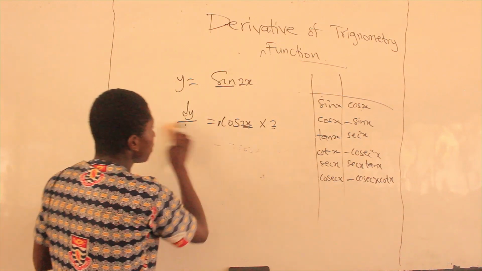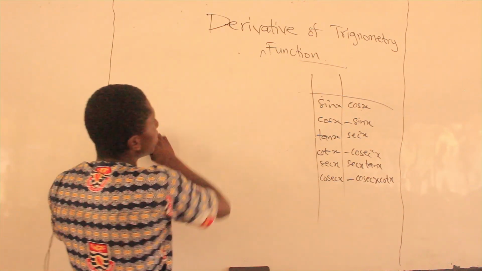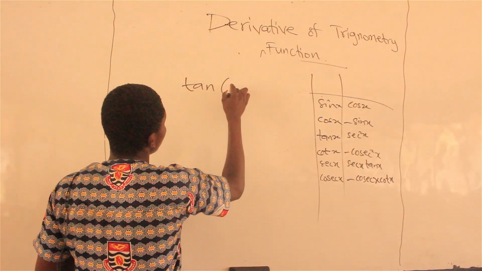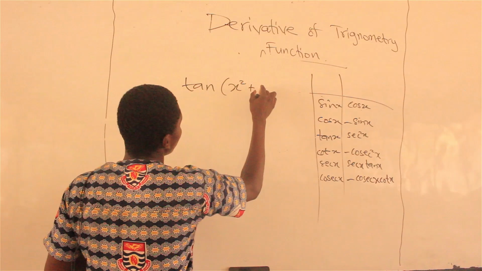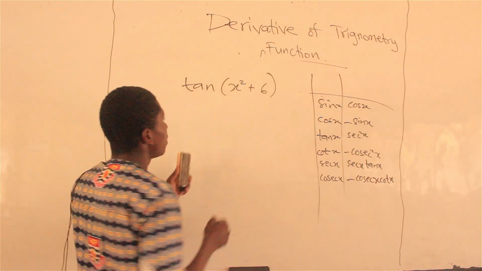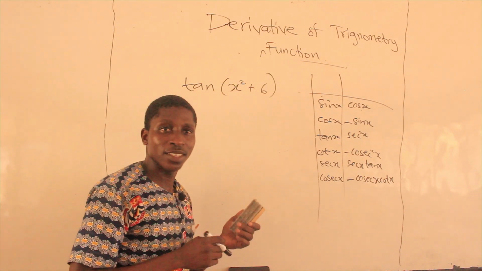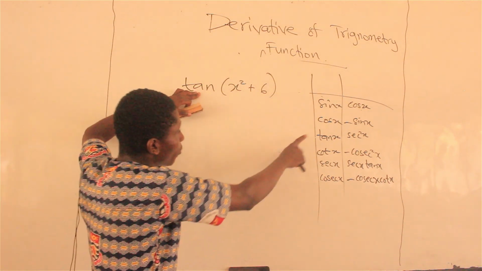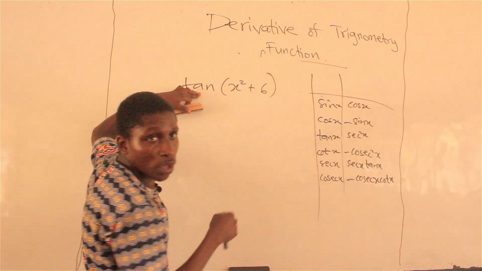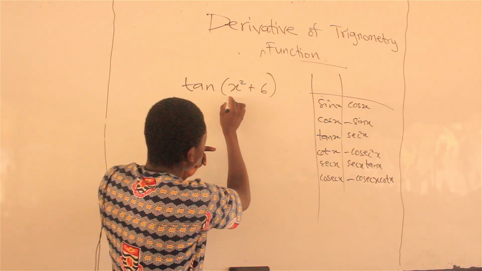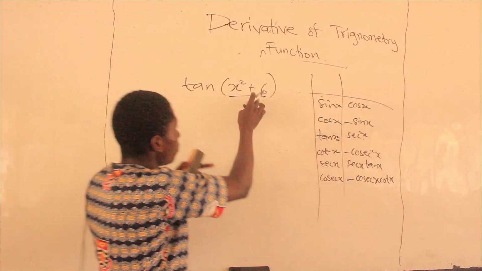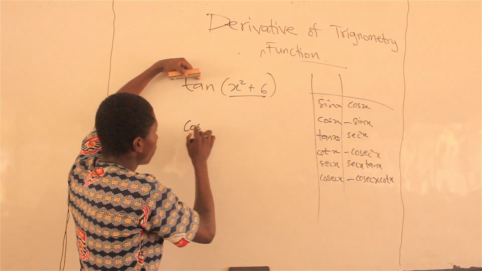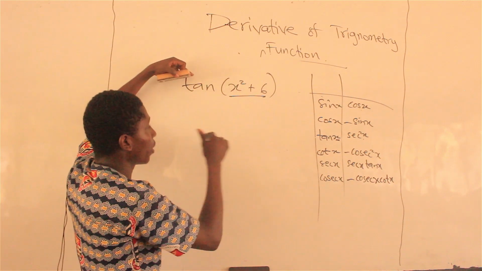Another one. Let's differentiate this one: tan of s squared plus 6. So we say you differentiate the function first. When you differentiate tan, you get sec squared.